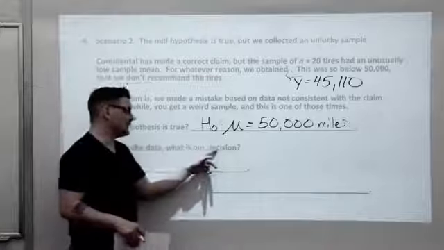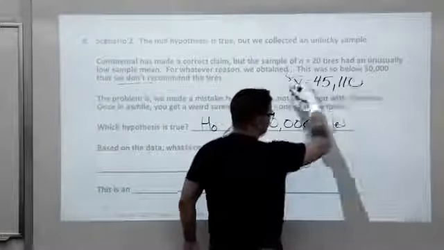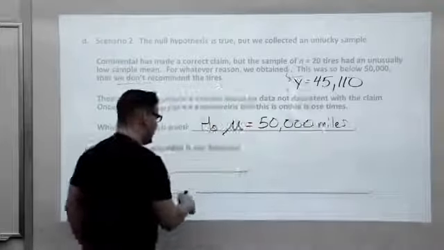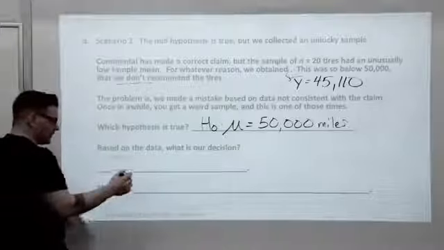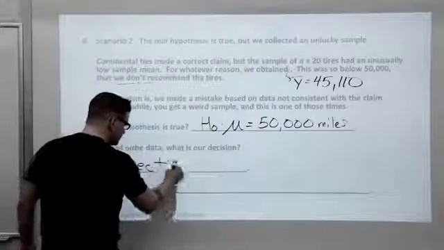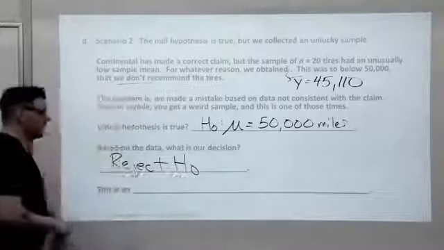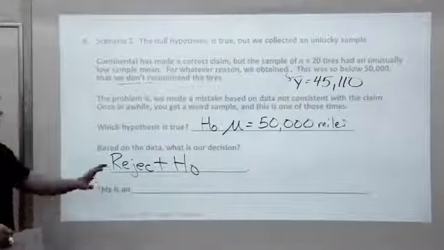Based on the data, what's our decision? Common sense tells us this is so low compared to 50,000 that if you ran through the official test, which we will in a couple of chapters, we'd end up rejecting the null. Compellingly below 50,000 from the data. This is an incorrect decision.